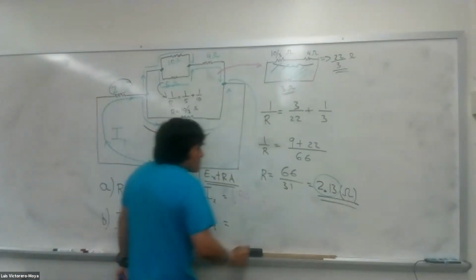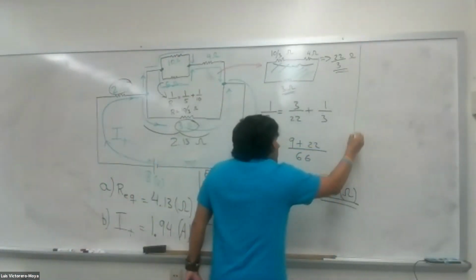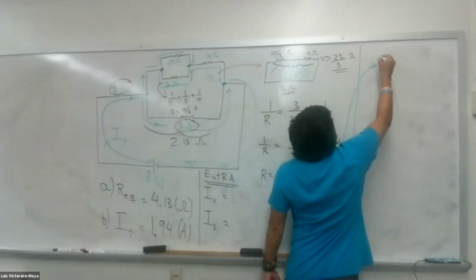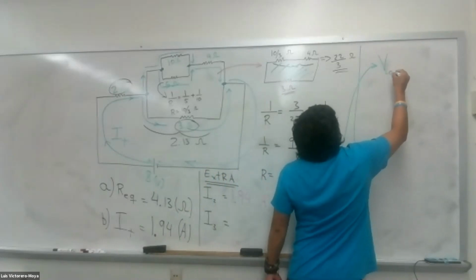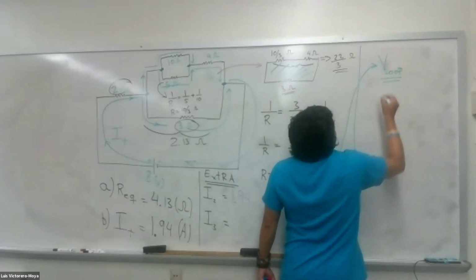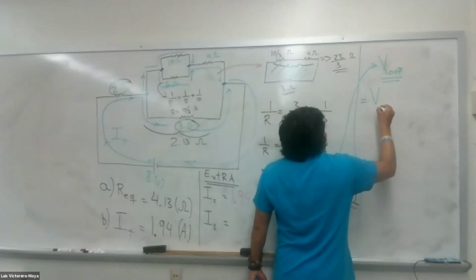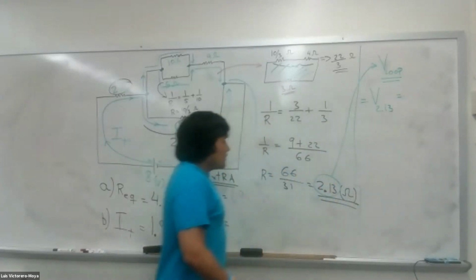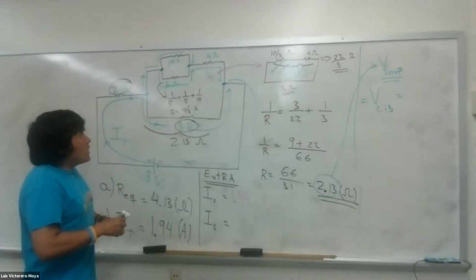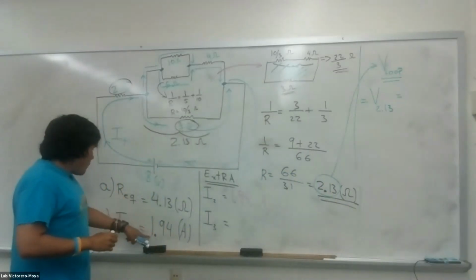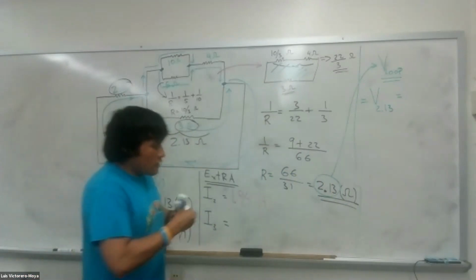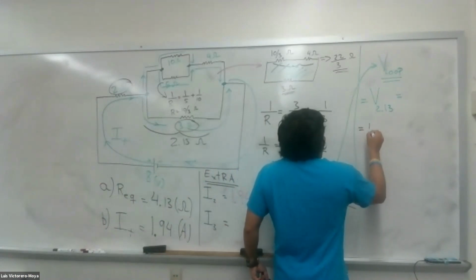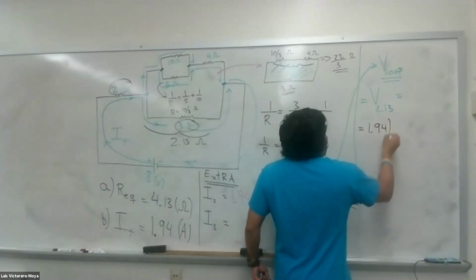So then, right here, the voltage on the loop is the voltage on 2.13, and that voltage is 1.94 times 2.13.